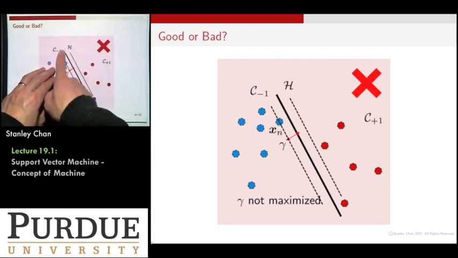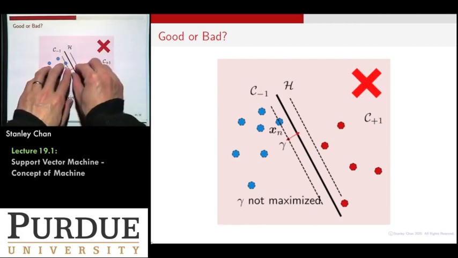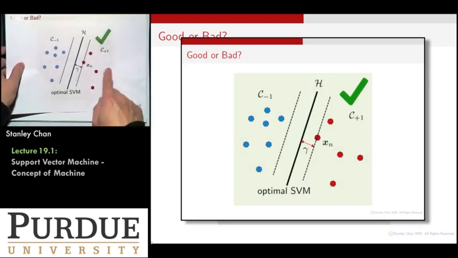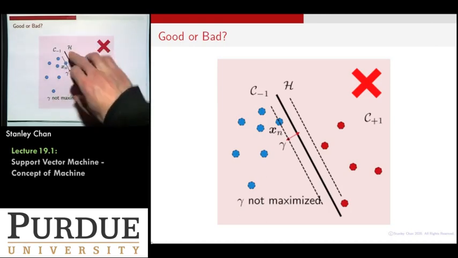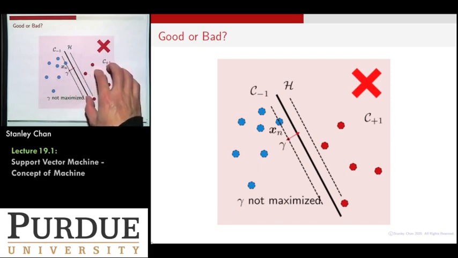However, this separating hyperplane does not yield you a maximum margin. Now, you can compare to the previous plot. These are exactly the same data points. What I'm doing is just moving my separating hyperplane around, turning the angles around. If I turn the angles to here, then you see that the margins are not maximized, and therefore this cannot be the solution of your support vector machine problem.